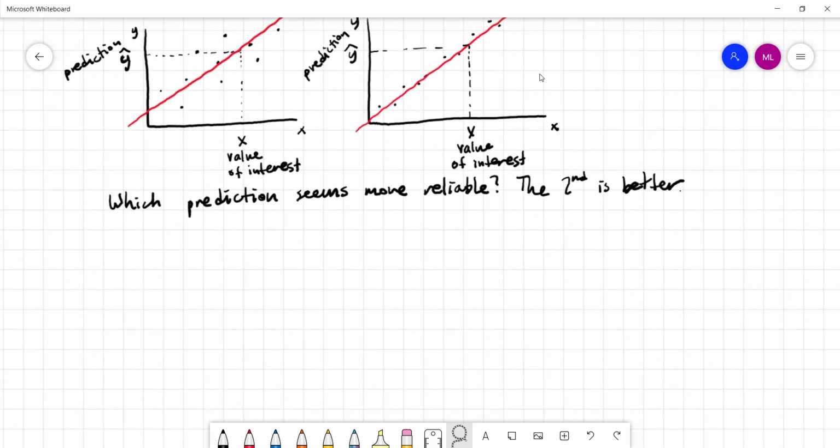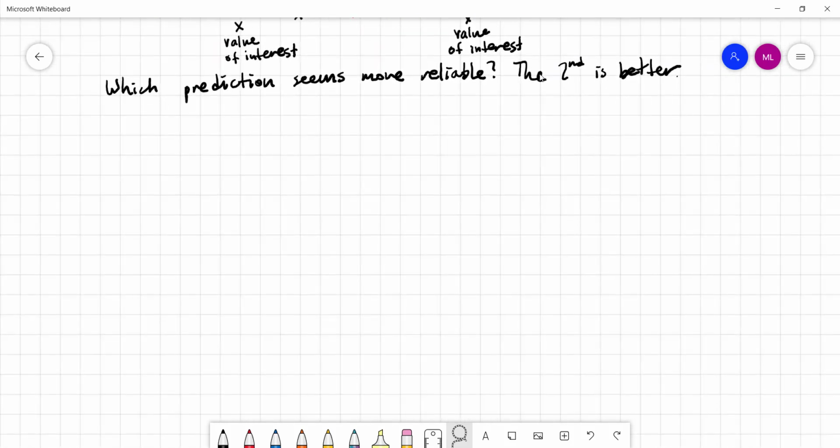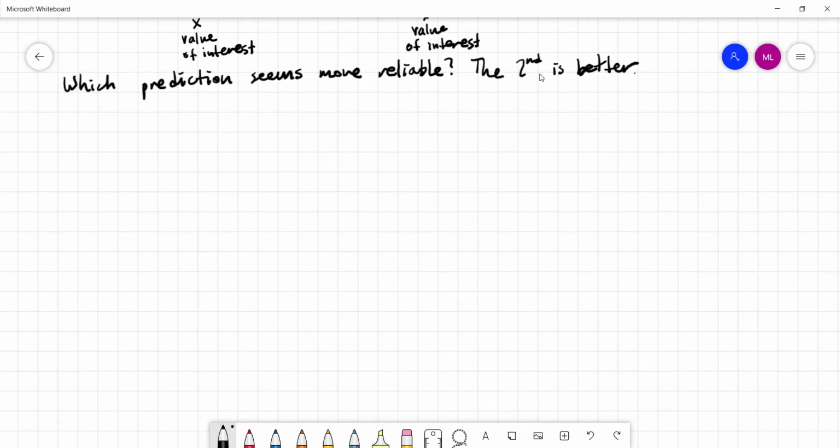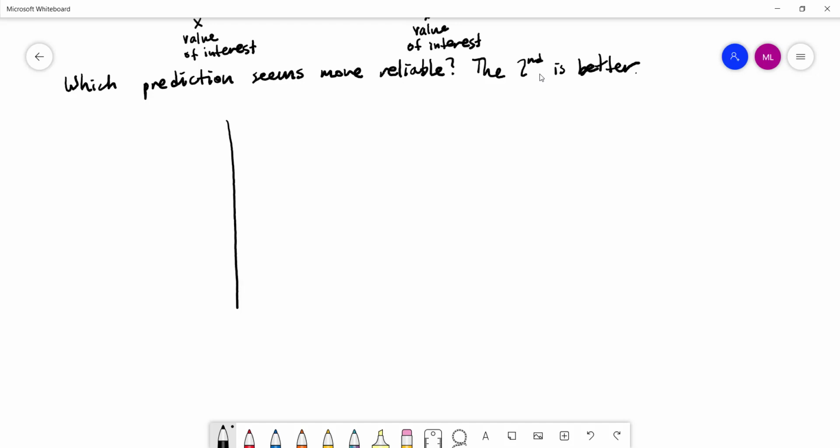So if we take a look at a case down here, let me draw a picture of this. Let's look at another example real quickly. Let's say that we've got some points again. Let me just put a few of these on here. So here's our picture, and maybe here's our line.